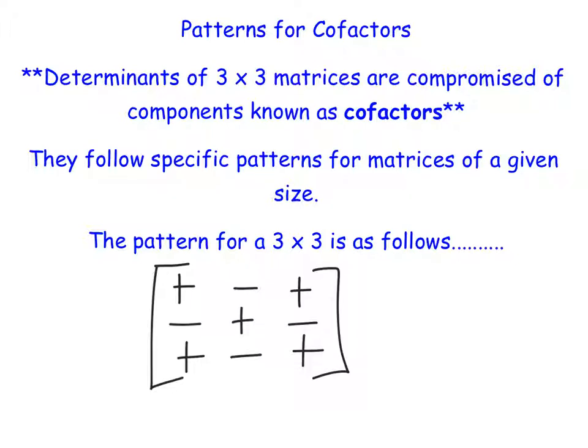As long as we stick to row 1, and I highly recommend that you do, here's what it means. Minor 1, 1, don't do anything to it. Leave it as the same sign.